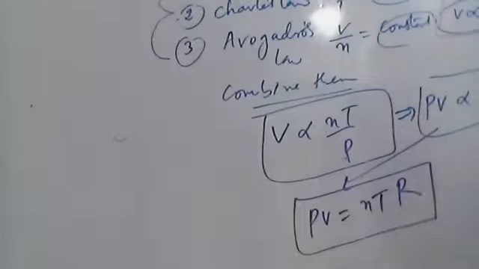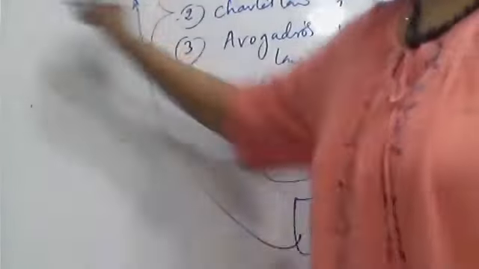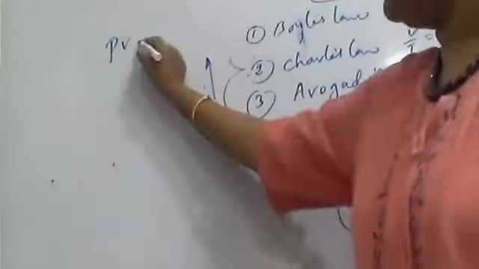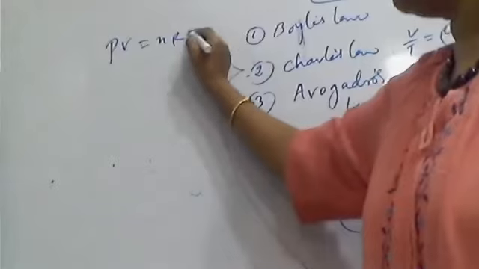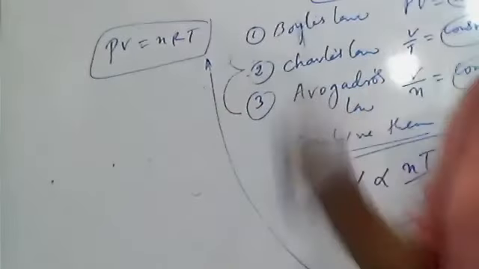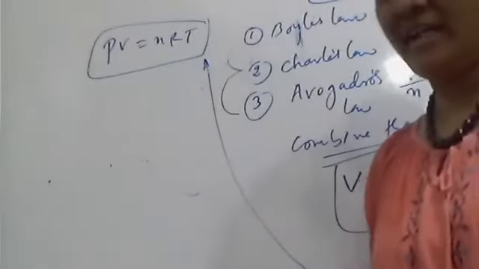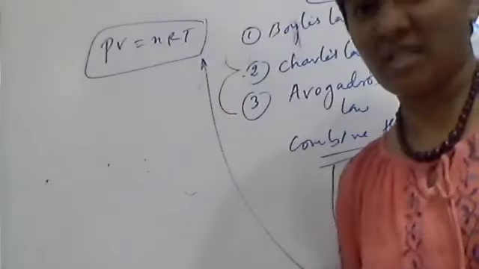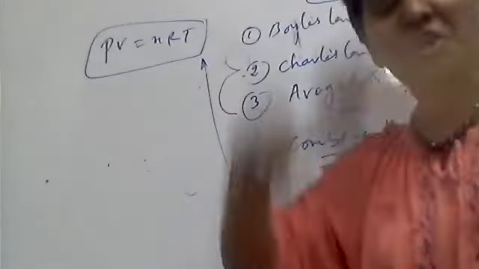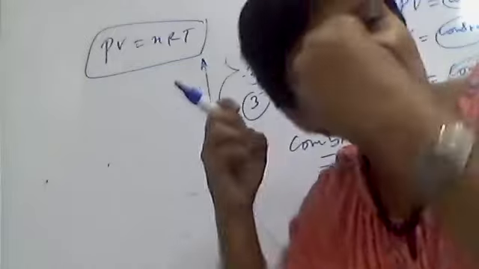So this is what can simply be written as PV is equal to nRT. Where R is the gas constant, meaning the R value for any gas is constant.